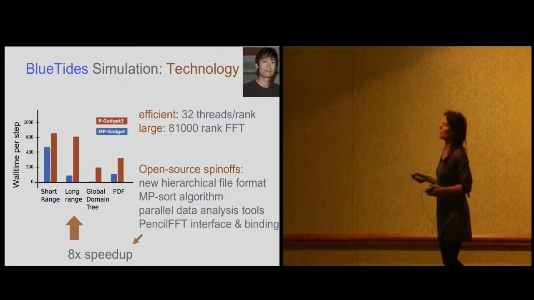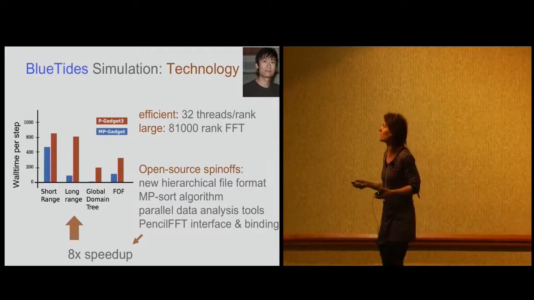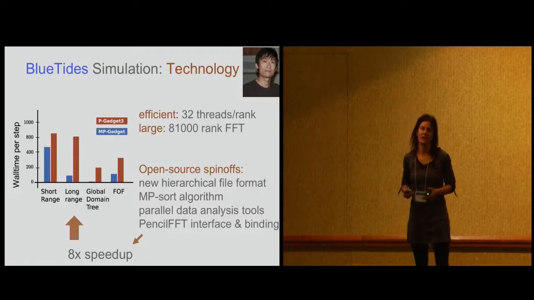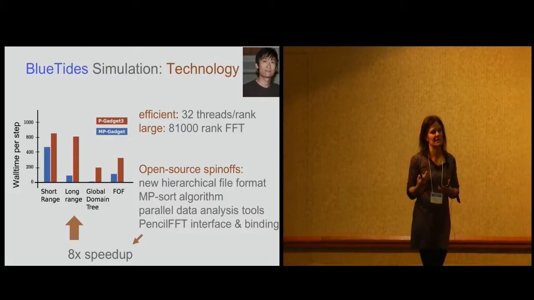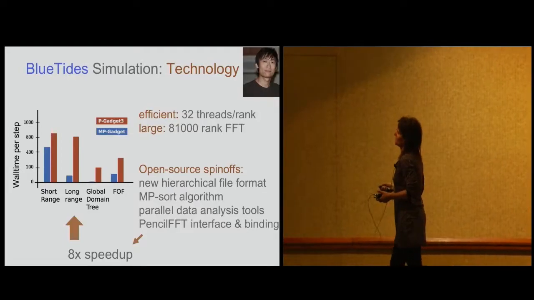So basically, obviously, to run at full scale on Blue Waters, we had to look into various parts of the code and make it much more efficient. That involved rewriting some of these algorithms in part or updating, changing some of the structure.